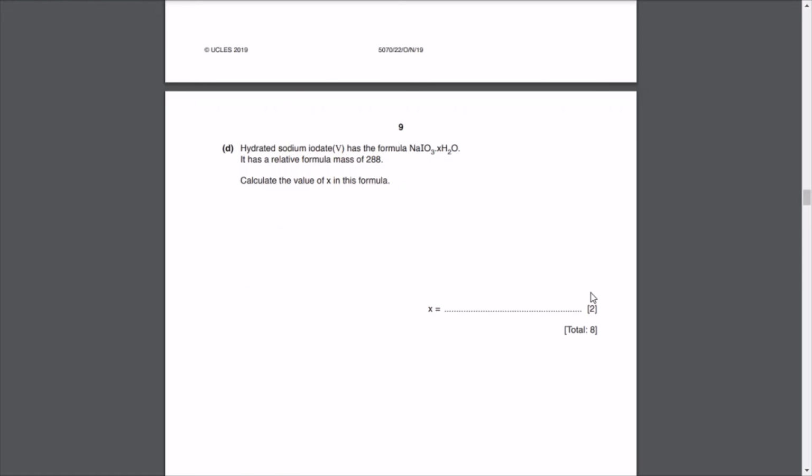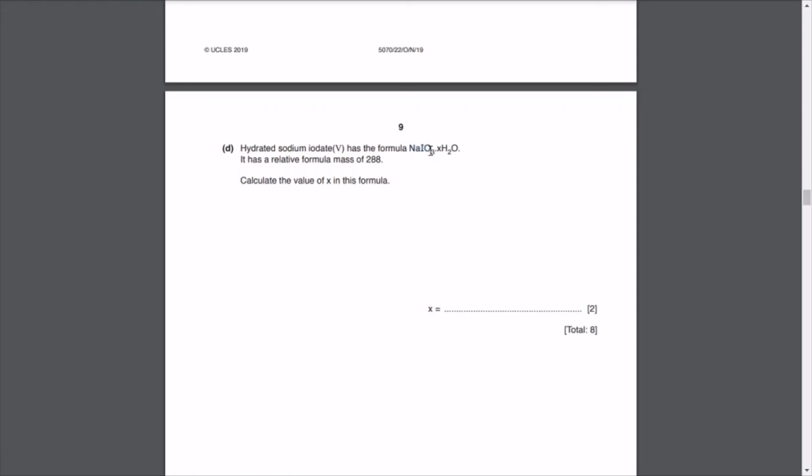So for this we are simply going to use a very brief formula. Because we are talking about NaIO3, the molar mass of NaIO3 is 198. First of all, find the difference.